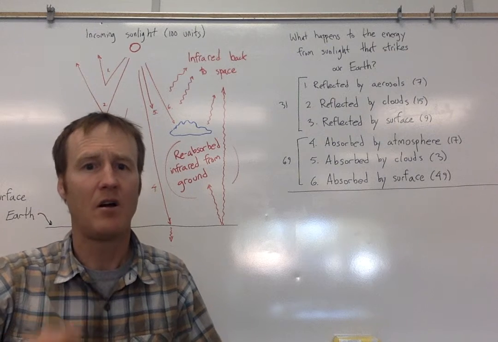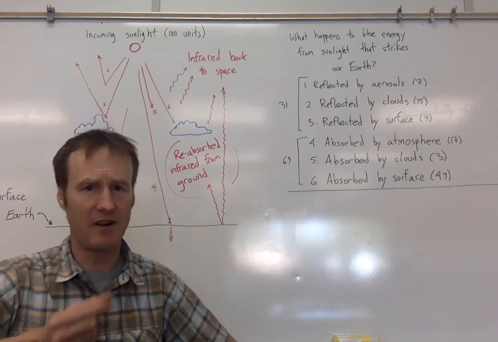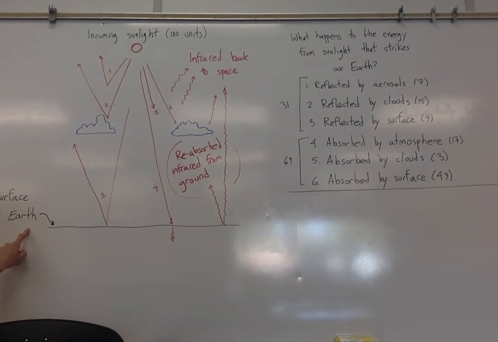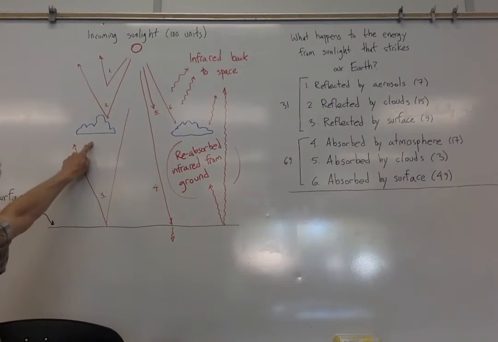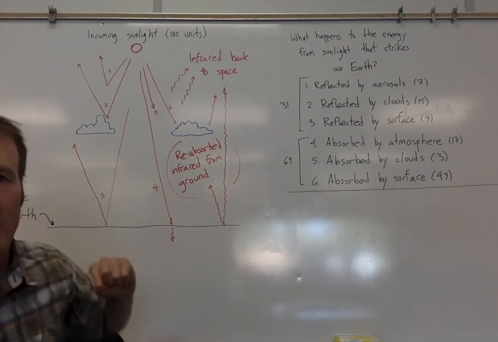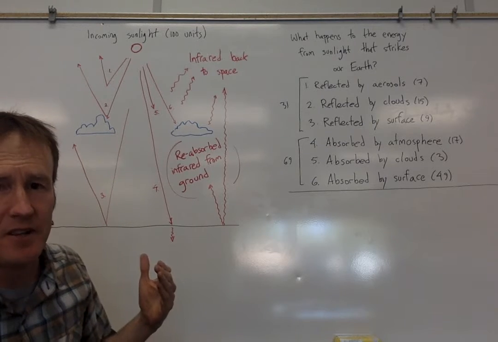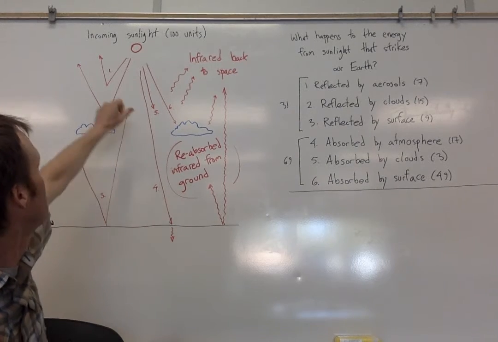Now, of a reflection, here I'm going to zero in a little bit on that diagram I showed you. First of all, this black line right here is the Earth's surface. Obviously, these here are clouds. First three possibilities are this. Here's the sun, the red circle.